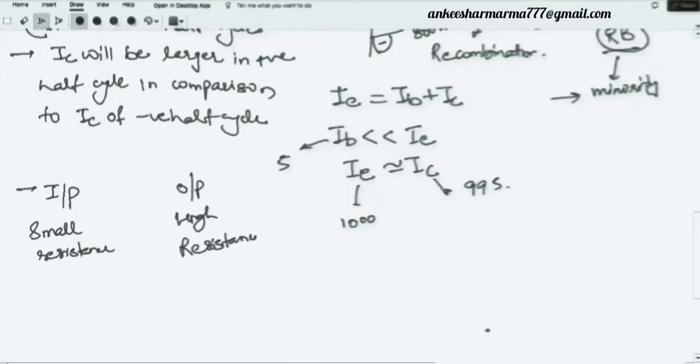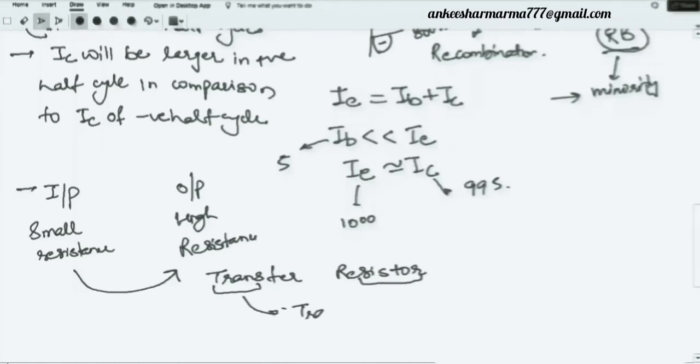Now there is a transfer of the resistance from small to high, and due to that, this transfer of resistor from low to high value results into the name, that is the transistor, TRANSISTOR. So this results into the name.